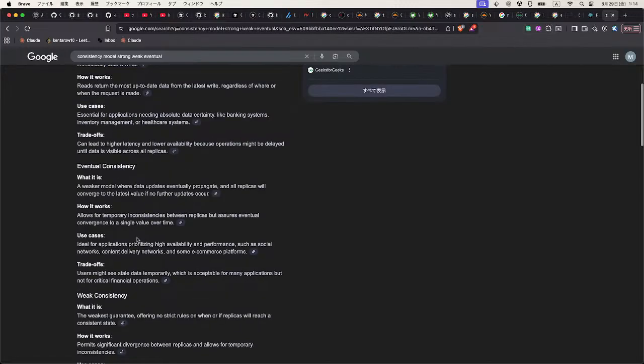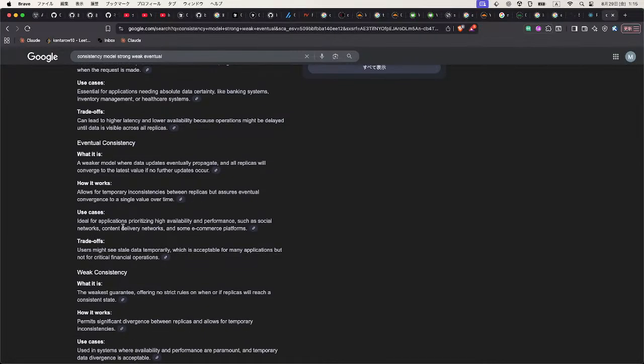Eventual consistency is a weaker model where data updates eventually propagate, and all replicas will converge to the latest value if no further updates occur. That makes sense. It allows for temporary inconsistency between replicas, but assures eventual convergence to a single value over time.